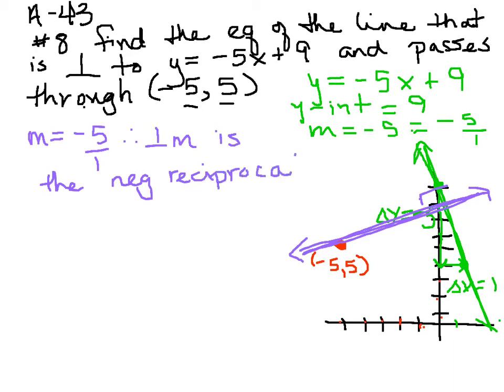So that means I'm going to flip that number. So the reciprocal means I'm going to flip it. So I'm going to get 1/5, and then I'm going to take the negative of it. So the negative of a negative is positive. So my perpendicular slope is equal to positive 1/5.